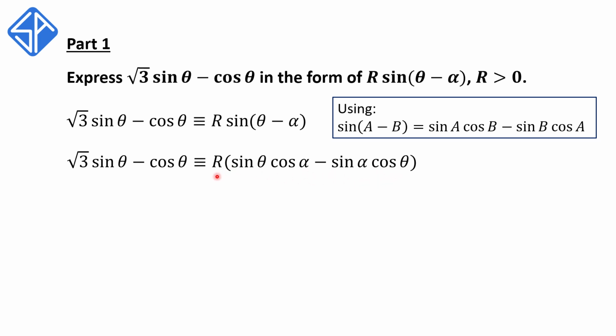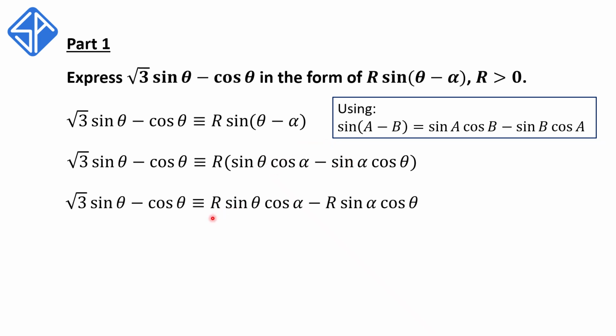Next, we're going to multiply the r to every single term inside the bracket, so that our right-hand side becomes r sine theta cos alpha minus r sine alpha cos theta.